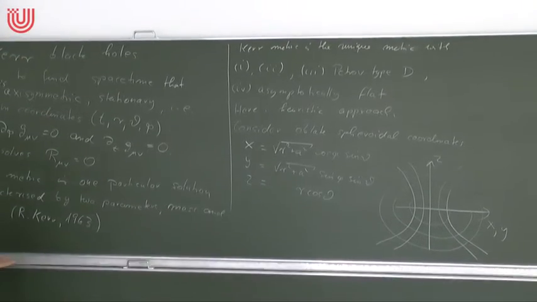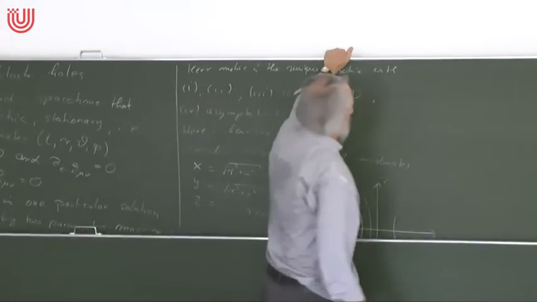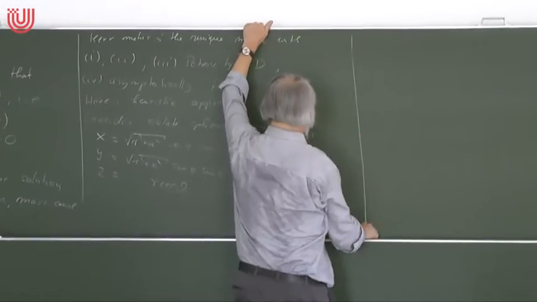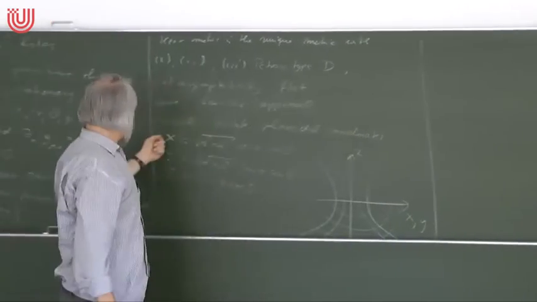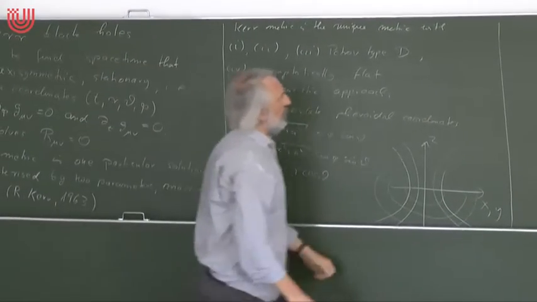And let's just write the Minkowski metric in these coordinates. For the Minkowski metric, I need dx squared, dy squared, and dz squared.